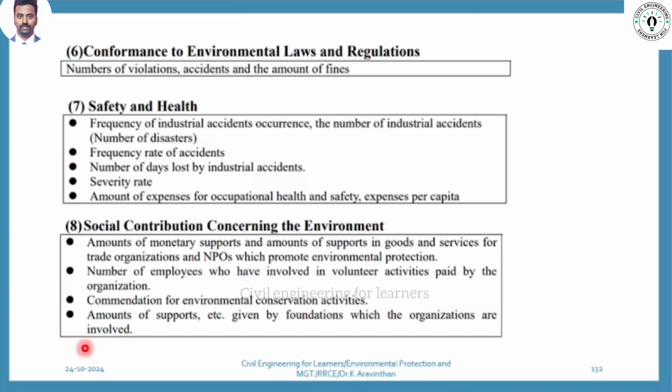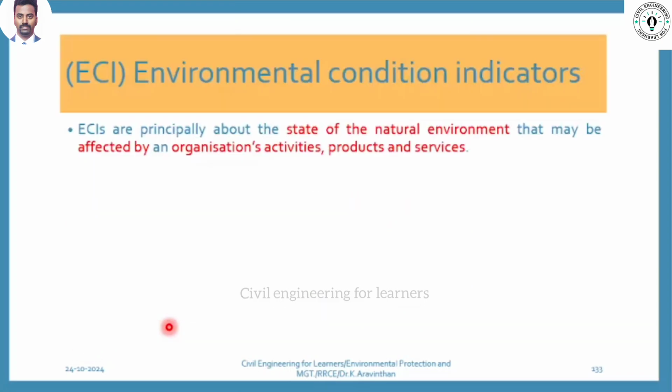They participate. I have told you in the last class that the government of India has started 8 missions in order to bring the greenhouse gas down by 2 degrees. For that initiation, they will give funds to the government. That is their requirement. It is not a bribe. They will give that amount in order to reduce the environmental impact. So this comes under social contribution.